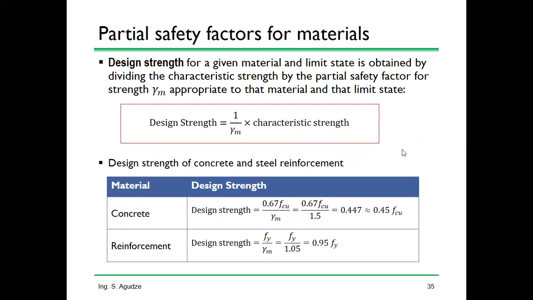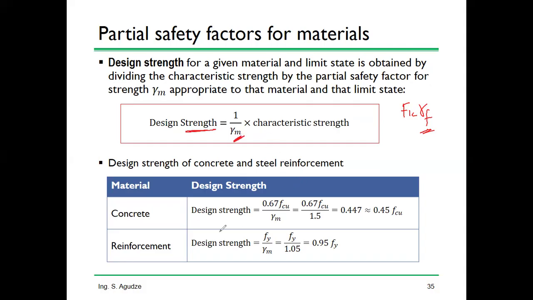Note here carefully, if we are dealing with design strength, we are talking about material. Design load, we are talking about load. So design load, as we saw, is the characteristic load times the gamma for load. This time around, if you are talking about design strength, which has to do with the material, you divide by the gamma factor.